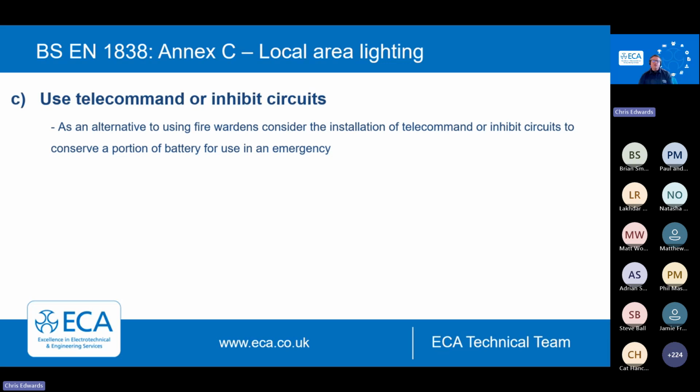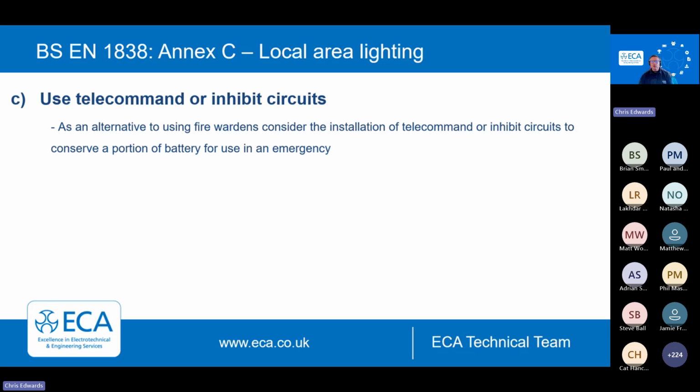Telecommand or inhibit circuits, effectively, this is all to do with ensuring that you're conserving power in a portion of your battery so that we could use it in the event of an emergency. Telecommand, obviously, you would do remotely, and inhibit circuits potentially so that we've got that ability.